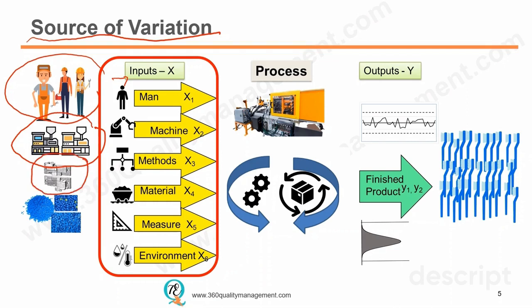Or even if you use the same machine, sometimes the machine performance could have deteriorated if it's not well maintained. And it could be from different batches or different types of plastic pellet materials from different suppliers. So these are all the sources of variations which contribute to variations in the process outputs.